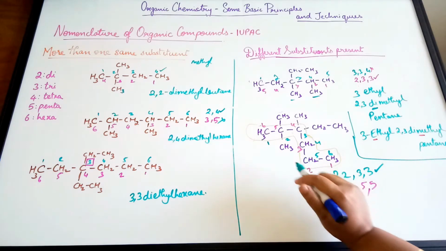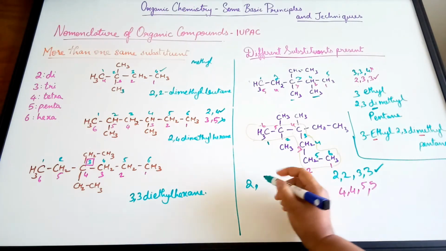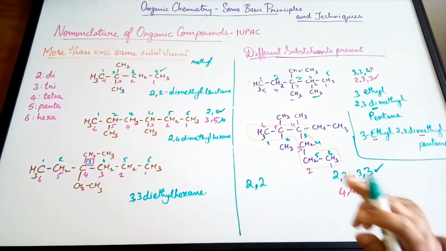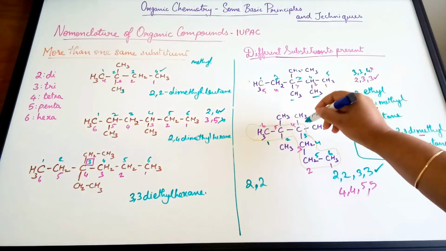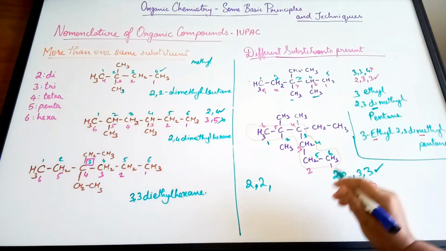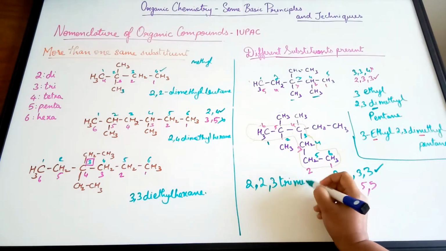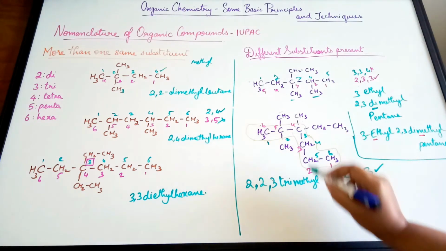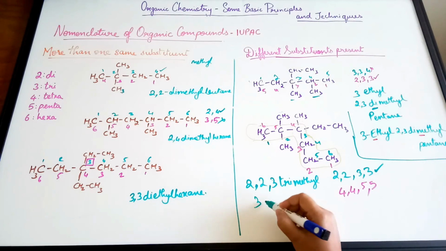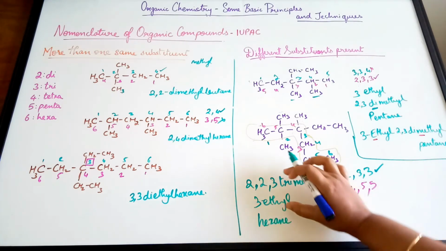And first of all, in the second position, you have 2 methyl groups. And so you'll be writing 2,2. There are 2 methyl groups, and there's also this group which is attached to the fourth carbon, which is also methyl. So third carbon, 2,2,3 trimethyl. Next you have an ethyl group attached to the third carbon, so 3-ethyl, and the total number of carbons is 6, so hexane. So these are the substituents.